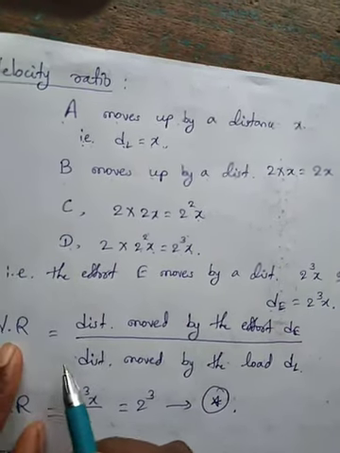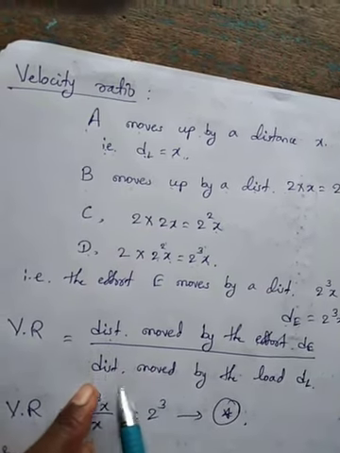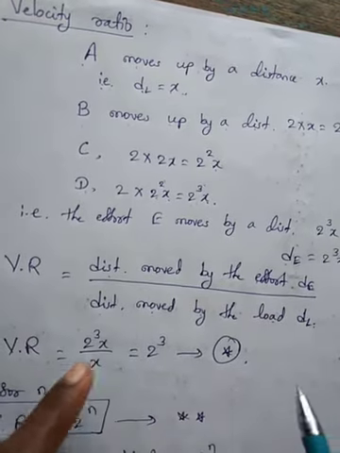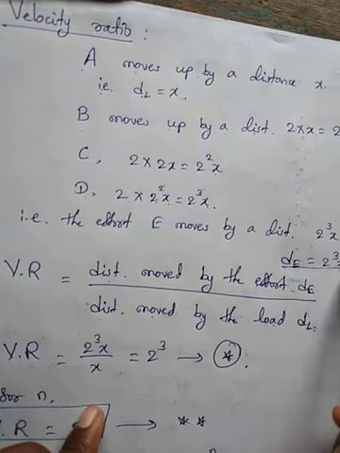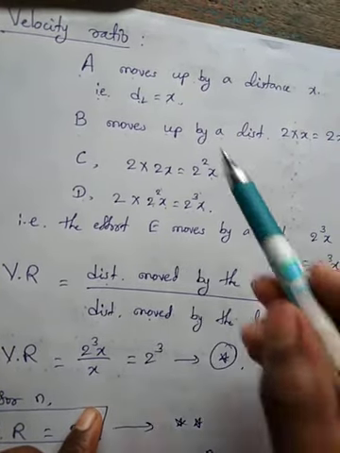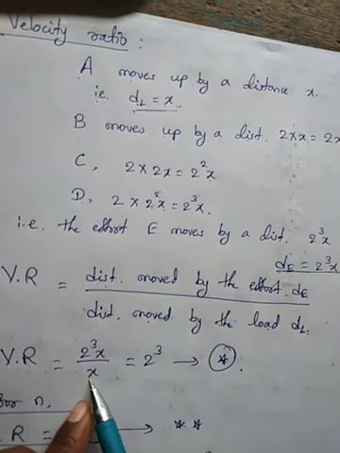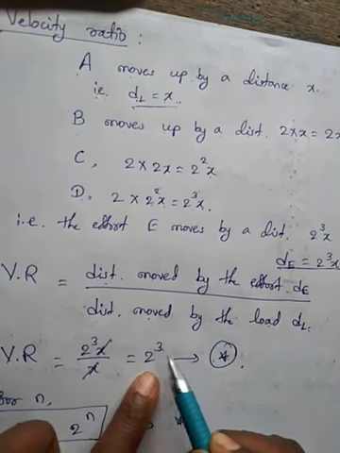See, the velocity ratio formula is distance moved by the effort dE divided by distance moved by the load dl. So we know the distance moved by the effort dE is 2 cube x, and distance moved by the load is x. So 2 cube x divided by x. Here x gets cancelled, remaining 2 cube.